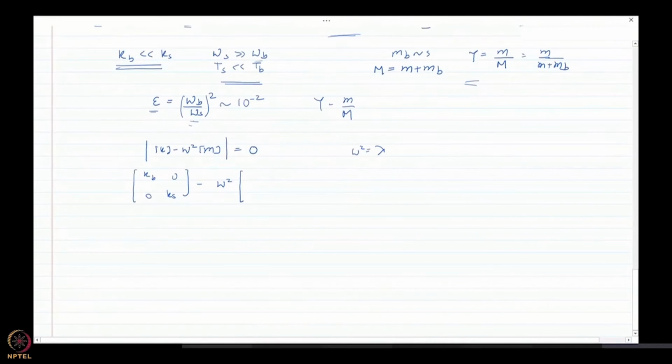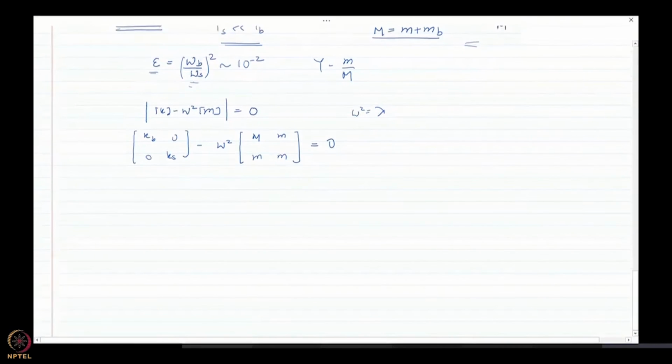The first term is M plus MB. I'll just write it capital M, which is M plus MB here. Okay, so M, and the small m, and this is equal to 0. So basically the characteristic equation that I will get.